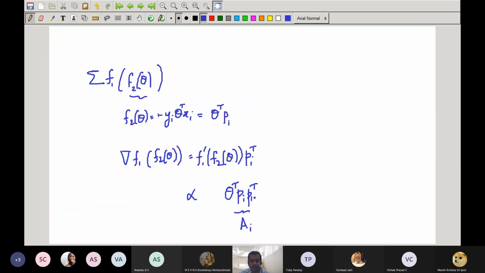Right, and now when you start looking at the difference of two gradients, or even the Hessian, if you want to upper bound the Hessian using an Li, that L will really depend on something to do with the pi transpose. In fact, something to do with the spectral norm of pi transpose.